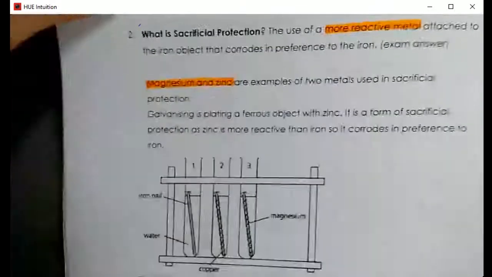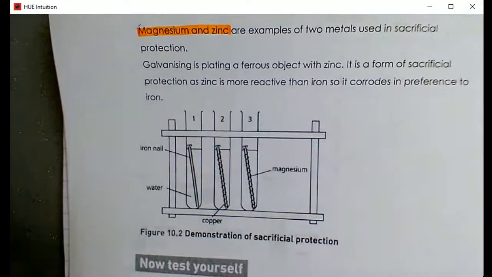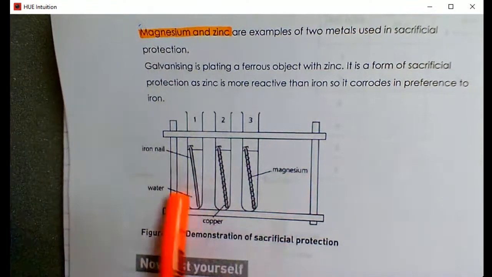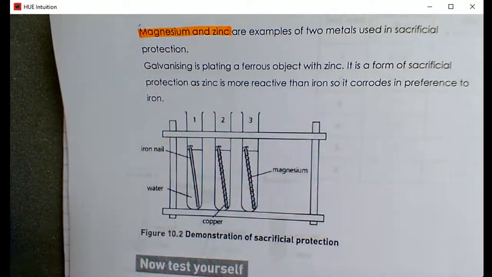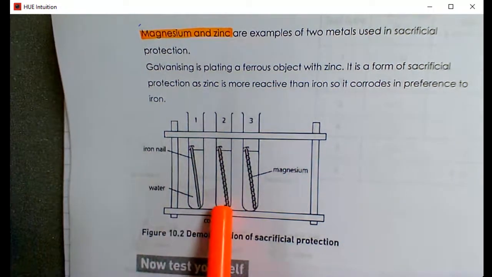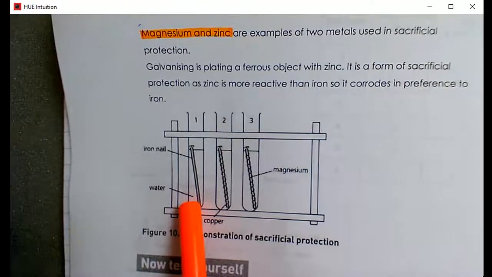Okay, so the last bit of the notes before you do questions is the diagram, page 7. Here you have another demonstration of sacrificial protection. So have a look at this and think, what's going to happen? Where will rusting occur in all of those? So rusting will occur in test tube 1 and test tube 2. Now in test tube 1, you have water that hasn't been boiled, so it still has oxygen in it.